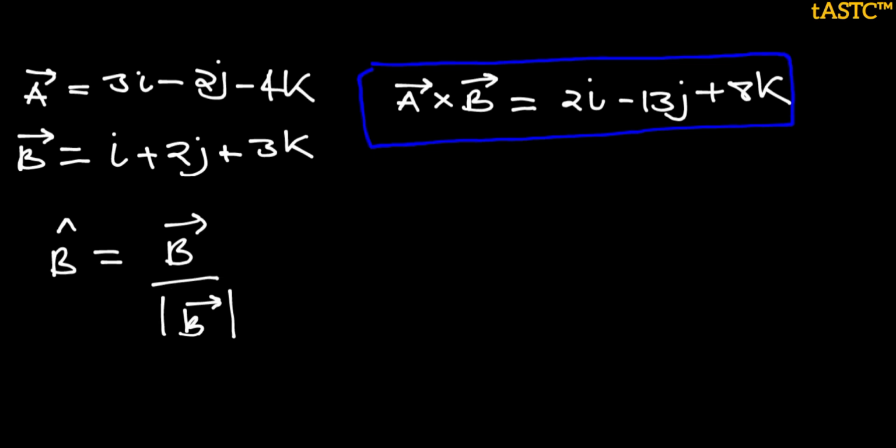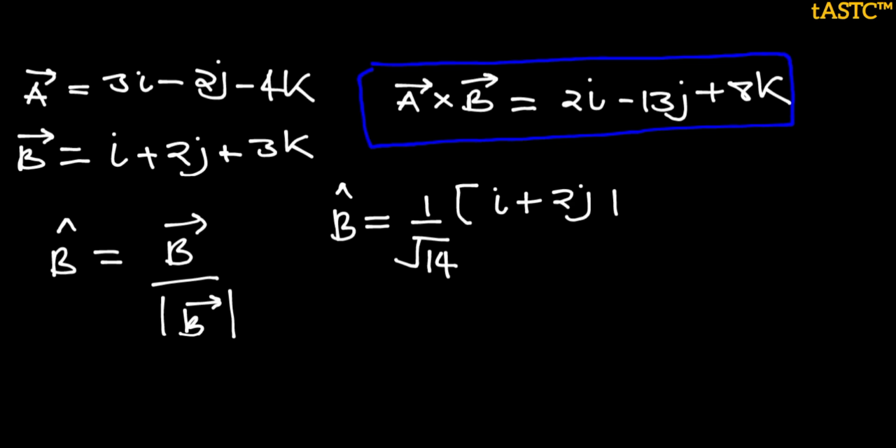That was given as root 14. So the unit vector of b in the direction of that vector will be 1 divided by the square root of 14, and we're going to multiply with the vector b, which is i plus 2j plus 3k. So this is basically going to be the answer to it.